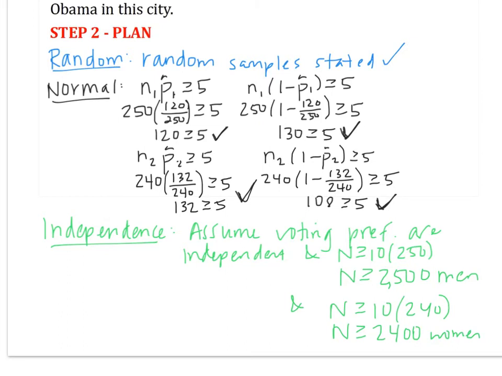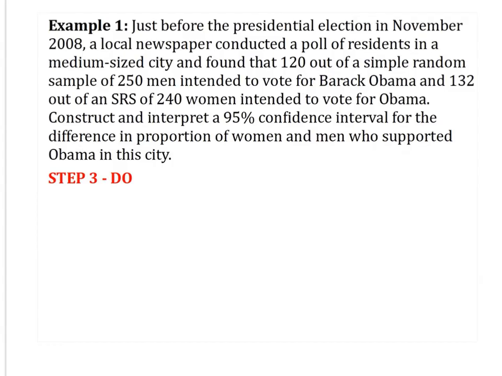So all of my conditions are checked. Random, normal, independent, check, check, check. Got them all. Now I get to do my calculations.